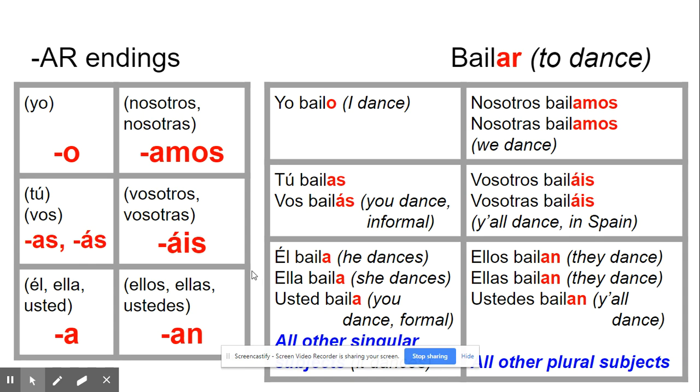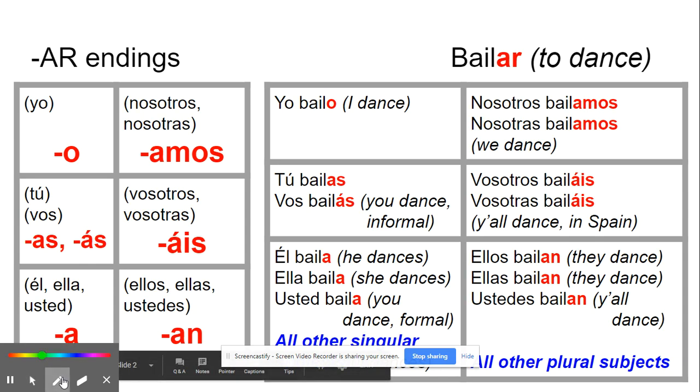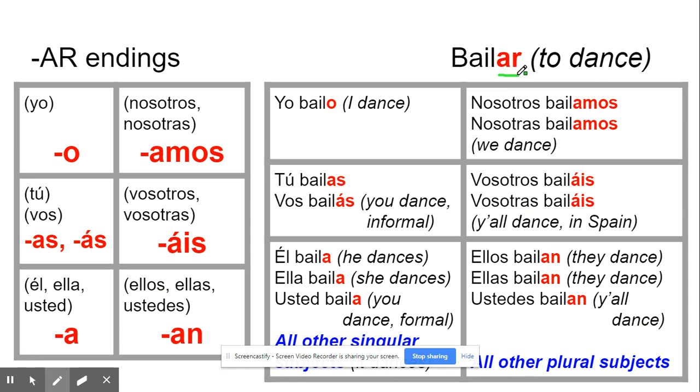So we start with a verb that ends in AR, such as bailar. As you can see, bailar ends in AR, and the first thing that we do is we take off that AR ending. And when we take off that ending, we just have bail. And then we need to add one of the new endings, which are all of these fun endings over here.